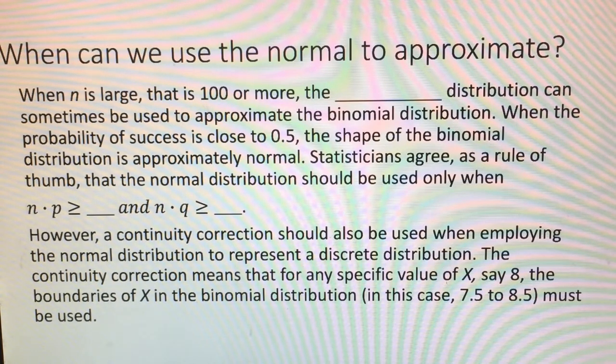So here are the conditions for being able to use the normal to approximate the binomial. When n is large, that is 100 or more, the normal distribution can sometimes be used to approximate the binomial distribution.